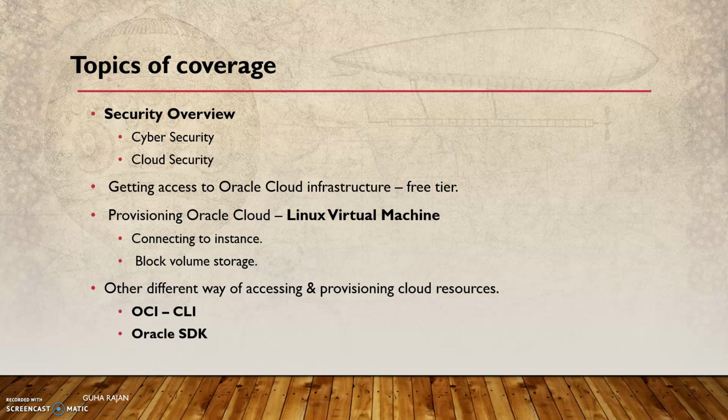You can access the resources. The Oracle SDK is much more versatile. You can use programming languages like Python, Java to access the Oracle Cloud Infrastructure resources. I'll be discussing that. This requires some installation, so I'll be running through that, and I will show you how you can provision the cloud resource over there.